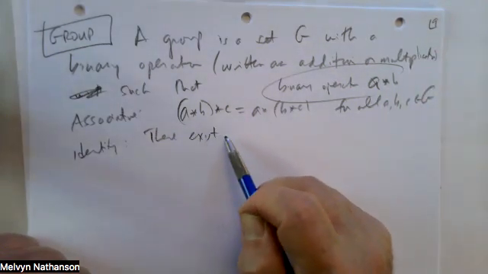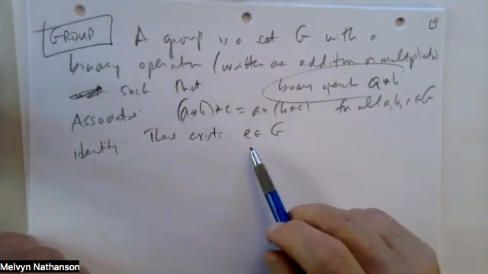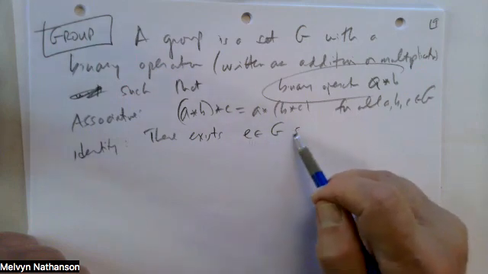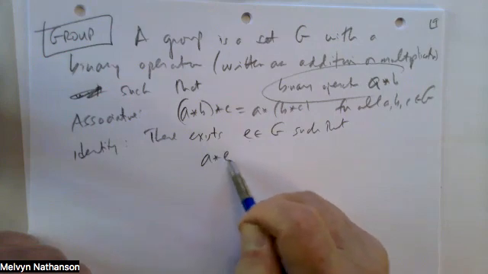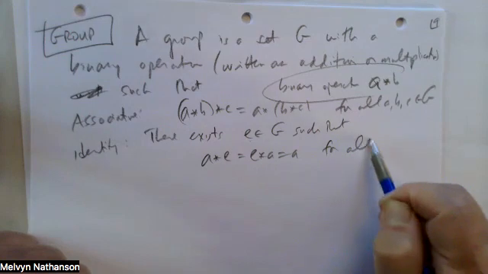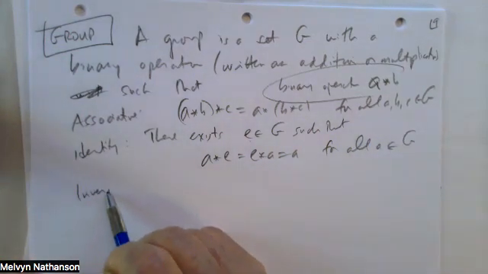There's an identity element. There exists an element, it's called E, in the group. Under addition, you usually write this as 0. Under multiplication, you usually write this as 1. And this has the property that A times E and E times A is equal to A for all A in the group. And you have inverses.